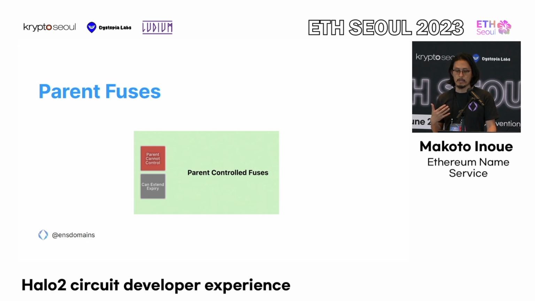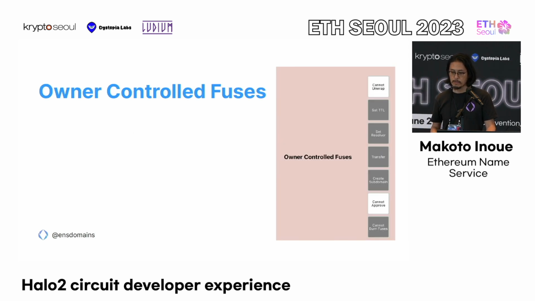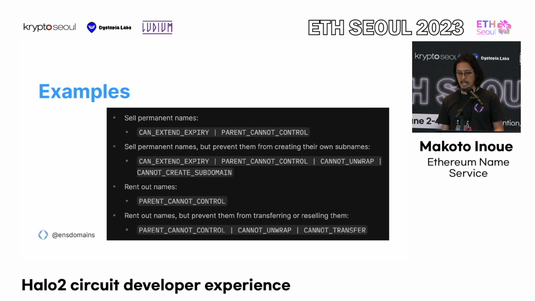One thing you need to implement is that a parent can overrule children, so the first fuse you need to burn is that control. Then there are tons of ways to control how your name can be controlled, five or six of them. By using them, you can create certain combinations.